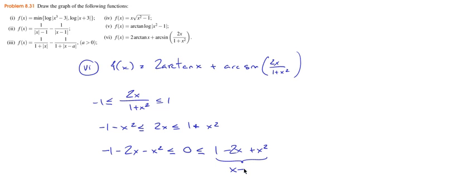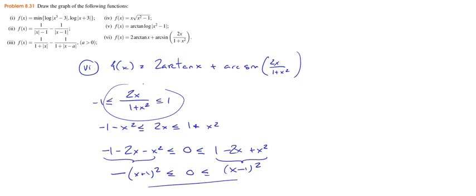This is (x minus 1) squared, which is always greater or equal than 0, and this is minus (x plus 1) squared, which is always smaller or equal than 0. So this inequality is always fulfilled. It doesn't matter what value of x you input, the argument of the arcsine is going to be between minus 1 and 1. So the domain of this function is the real line. Okay?